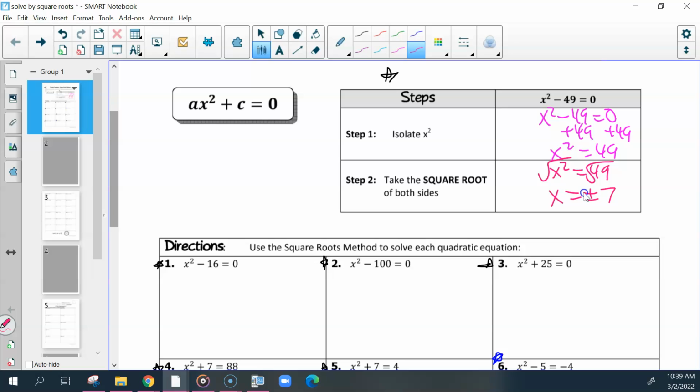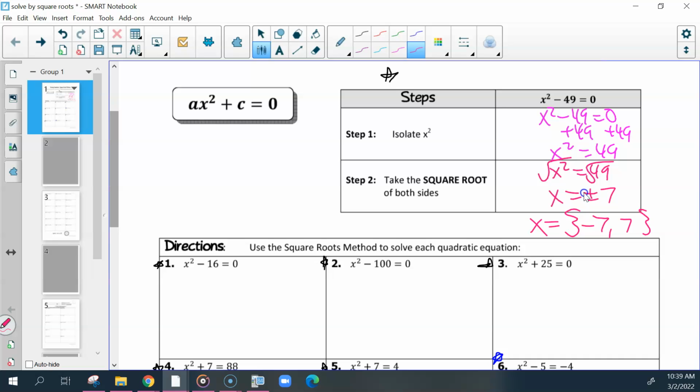And then the very last thing we have to do is put this in a solution set. We're going to say x equals, in curly brackets, least to greatest, negative 7, 7. Sam? Do you always put the negative in that number?